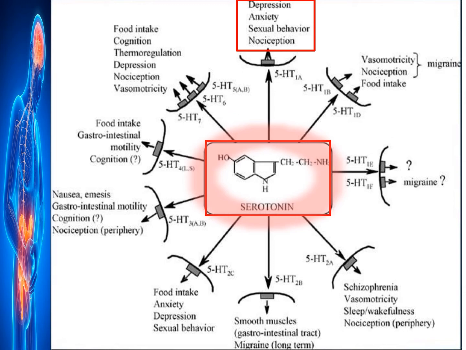Through the 5-HT1A receptor, it is responsible for depression, anxiety, sexual behavior, and nociception. And through the 5-HT5A and B, 5-HT6, and 5-HT7, it is responsible for food intake, cognition, thermoregulation, depression, nociception, and vasomotricity.